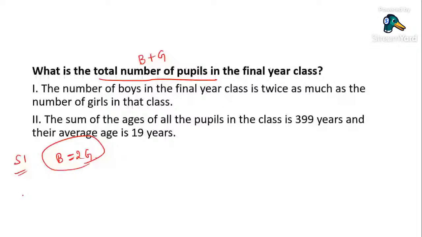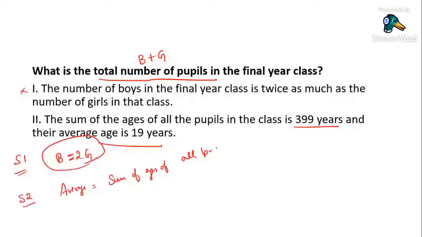B plus G, total number of boys plus total number of girls. When you say B is equal to 2G, can we find B plus G? No, because it's a relation between the number of boys and the number of girls.